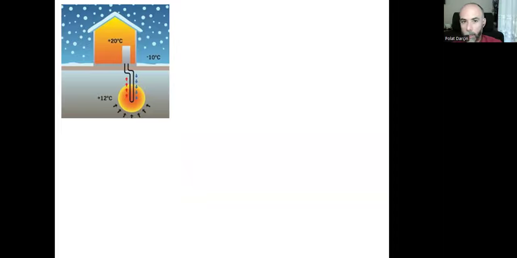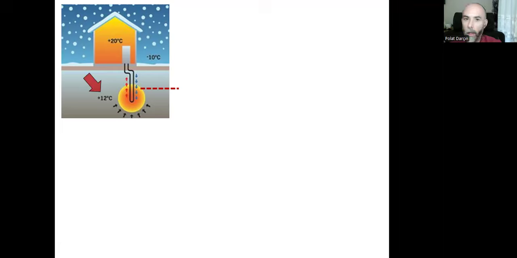Let's imagine it's cold outside. It's minus 10 degrees Celsius, and we want to keep the indoors warm. It's plus 10 degrees Celsius. However, if you go inside the ground for a little while, this layer of earth will start to provide a certain level of heat insulation.